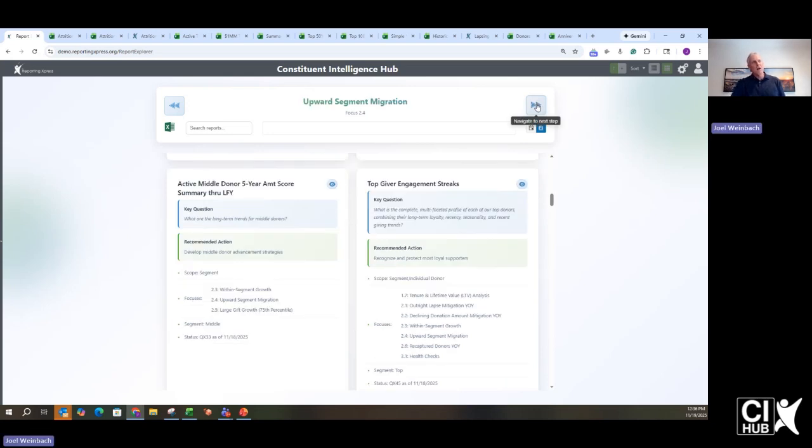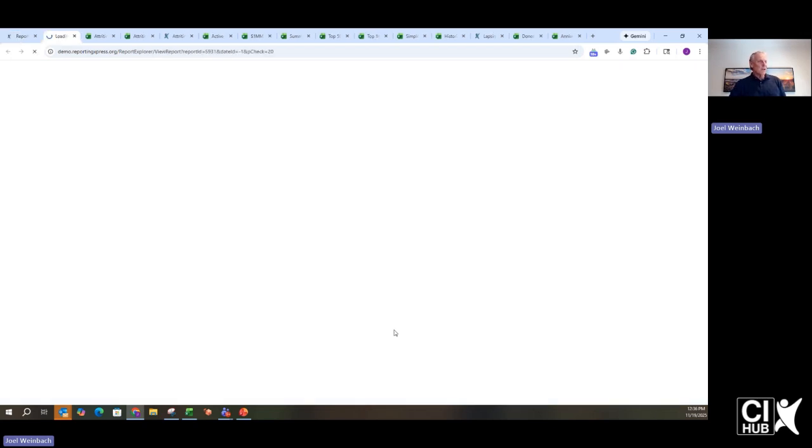The other thing we look for is upward segment migration. How do I identify and move middle segment donors up into the top segment if they're so inclined? This helps me, I look at things like engagement streaks.